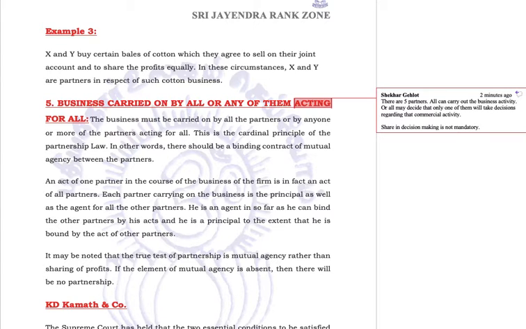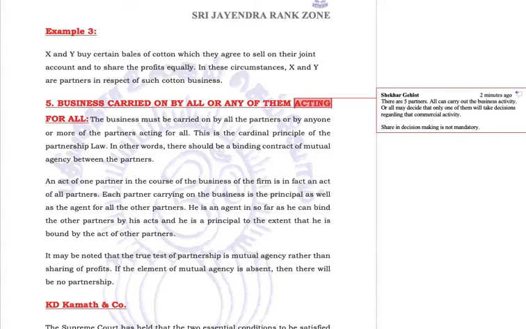It is not mandatory that all must equally arrive at some decisions in the partnership. No, it may be by majority. It may be 3 to 2. Two partners may be against it and three may be in favor of it. Then the majority rule will win.